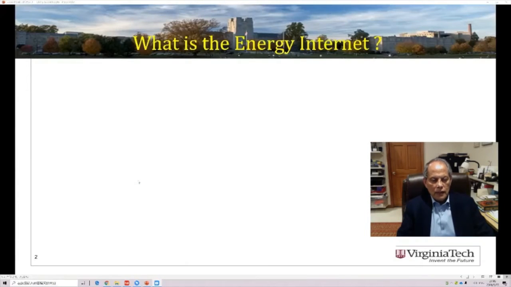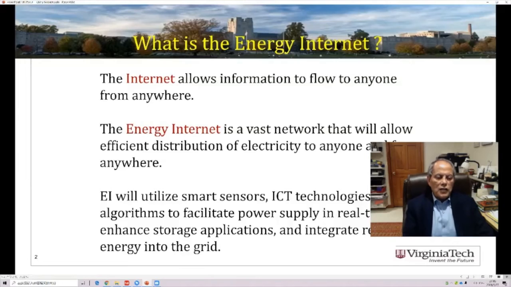Next slide. So the question is, what is the Energy Internet? The Internet is a network which allows information to flow from anywhere to anybody. Like you are sitting there, you can buy stuff on Amazon, transact on Alibaba.